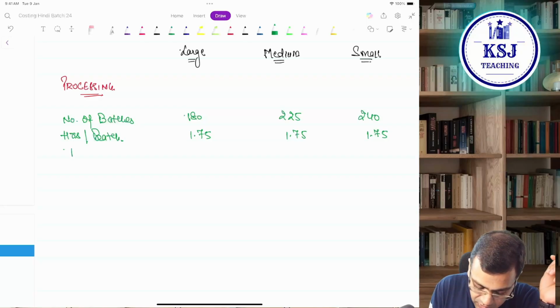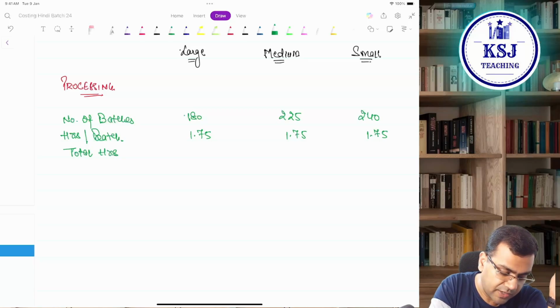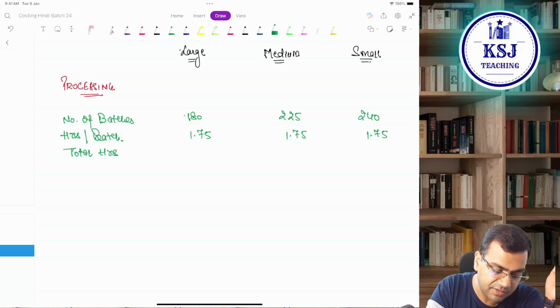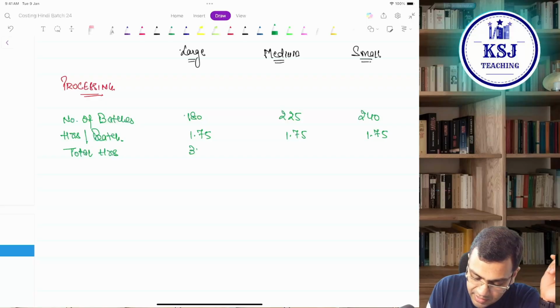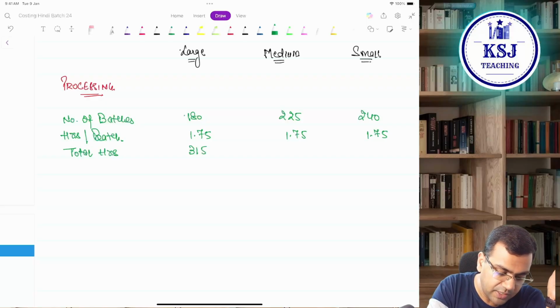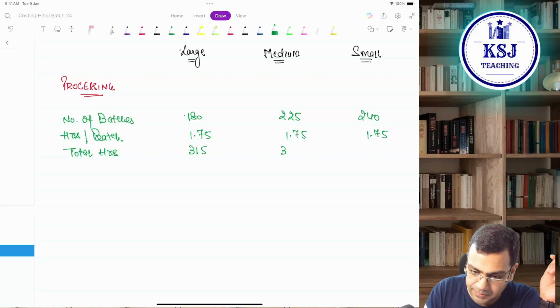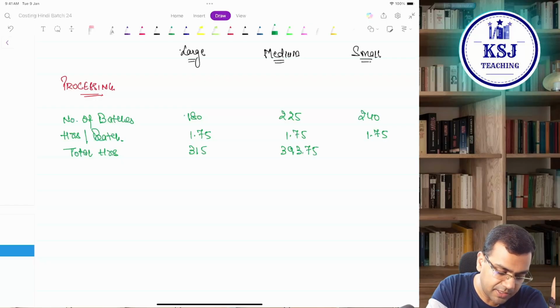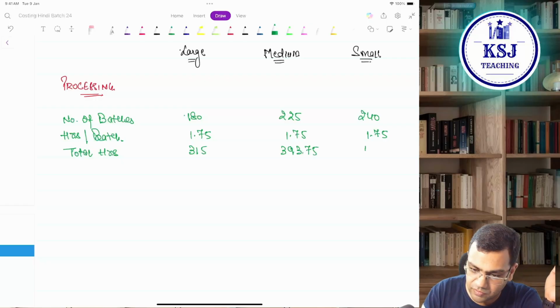So that will give you now the total hours. So 180 multiplied by 1.75, that comes to 315. 225 multiplied by 1.75, that comes to 393.75. And 240 multiplied by 1.75, that comes to 420.